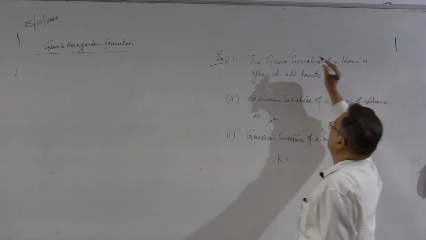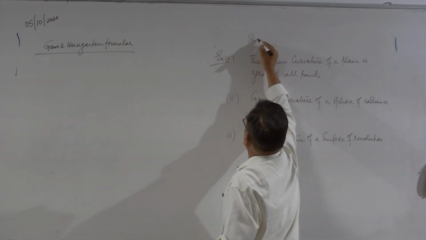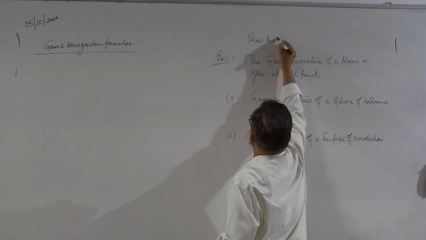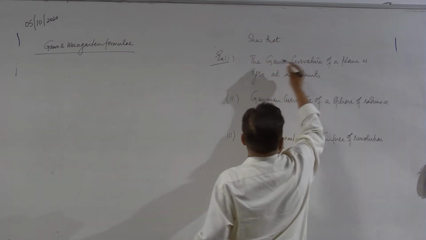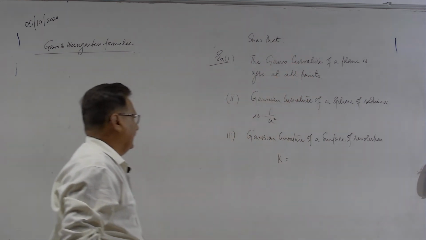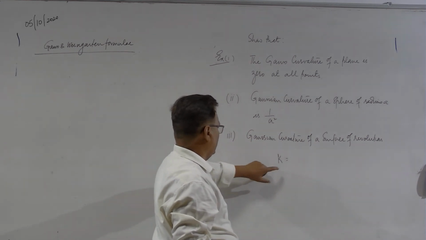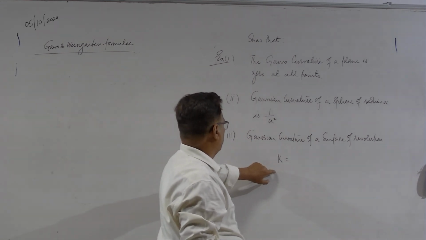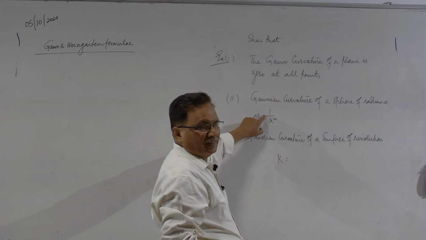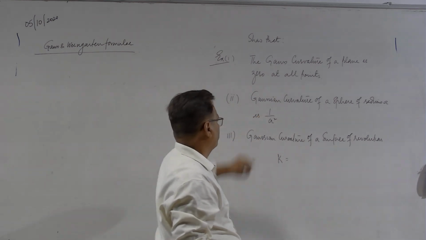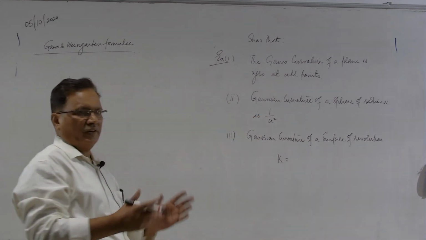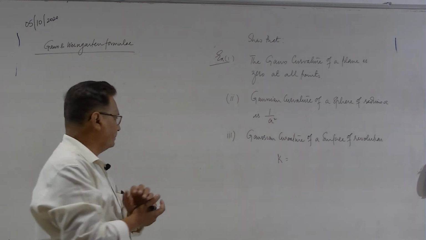Okay. So, show that. All these things, and in particular you can find out the Gaussian curvature for a sphere, that you can notice is 1 upon a square, okay, because a sphere is also a surface of revolution.